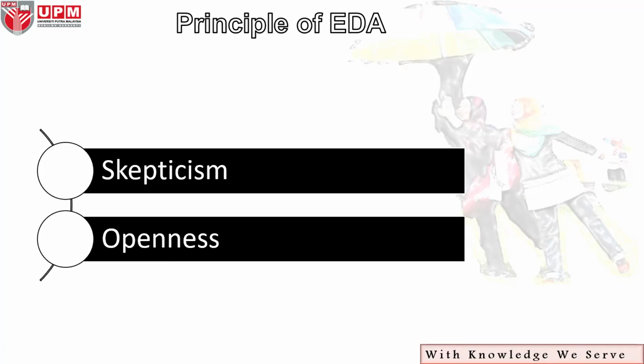We need to have that curiosity about the data. There is a probability that we inserted the wrong data, or that we obtained the data from the wrong person. There is that possibility. And therefore we need to be open if any changes are necessary in our data. If we have to delete a case, then we have to delete it. So these are the two principles in EDA.